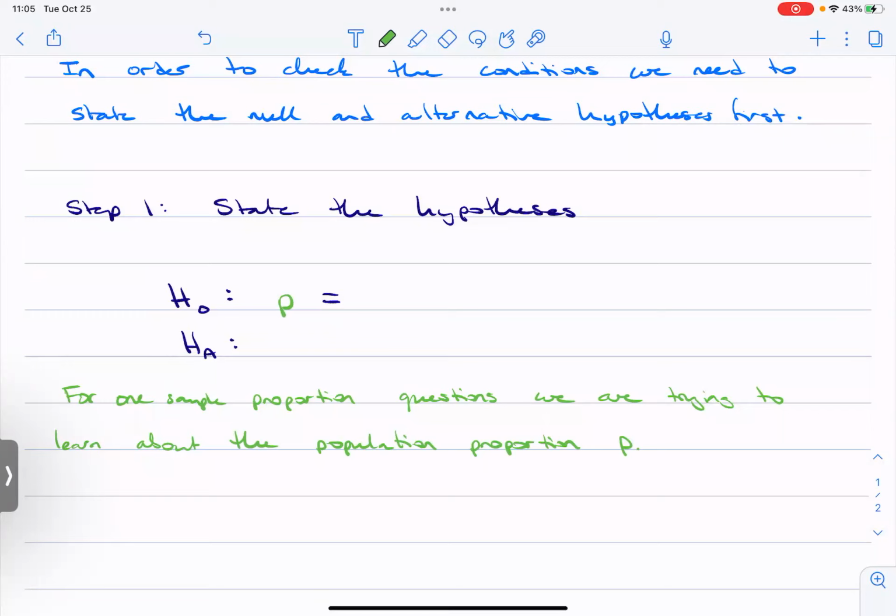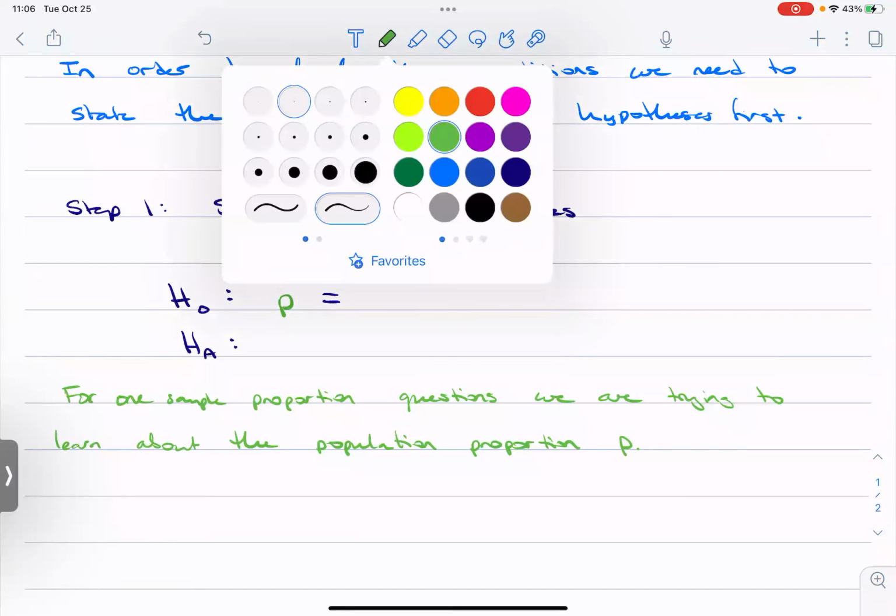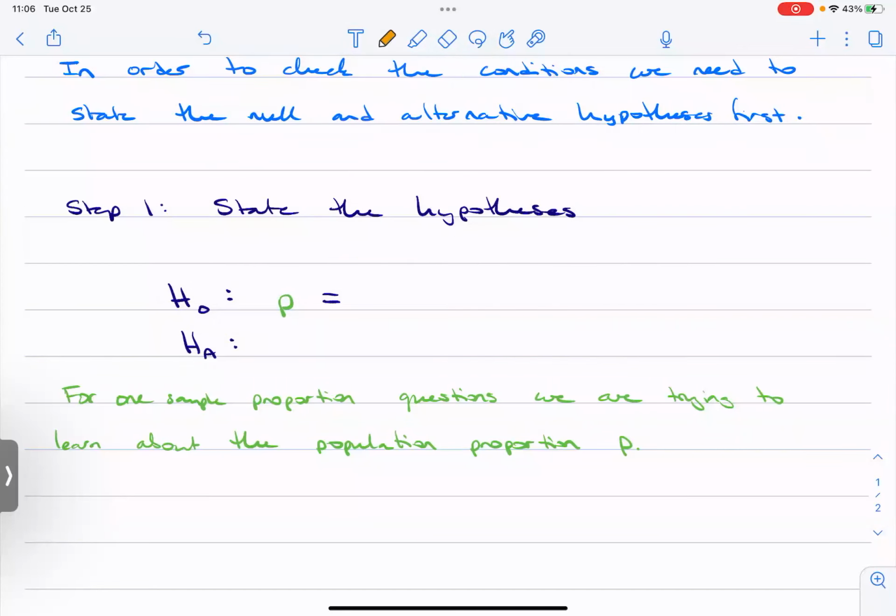P is the population proportion, right? So we don't hypothesize about the sample, because we know we have the entire sample. We can find anything we want in the sample, right? That's not interesting. We want to know about the population proportion. Okay. And in general, our null hypothesis, and I'll write it off to the side here, is going to be that P is equal to some P naught. Okay, so some null value of the population proportion.